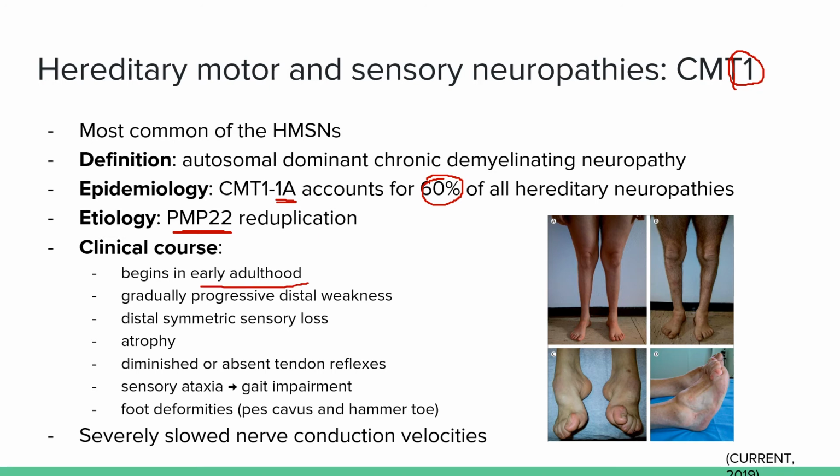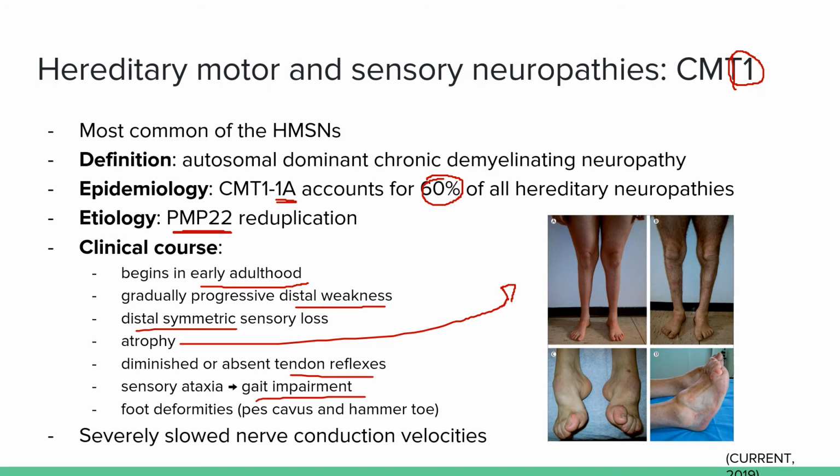There is gradual progressive distal weakness with distal symmetric sensory loss. There is also atrophy of the muscles, diminished or absent tendon reflexes, and sensory ataxia that leads to gait impairment.